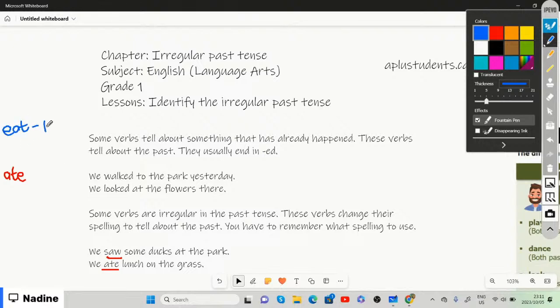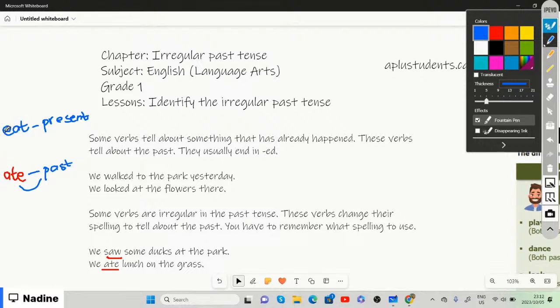This shows that you are doing something now. We eat lunch on the grass. That is now. That's in the present. But in the past, we ate lunch on the grass, meaning that this happened already. Ate happened already. It's in the past.